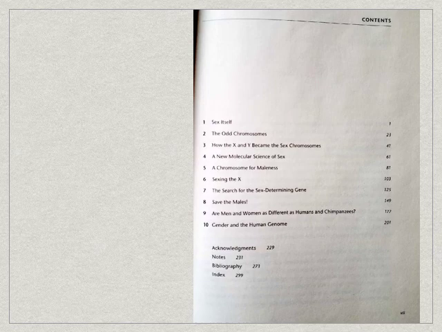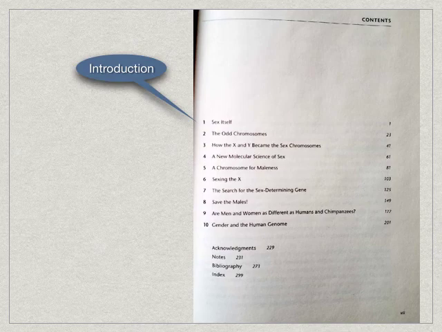The first thing you want to do is look at the table of contents and look at it pretty carefully, because it will reveal a lot about the structure of the book. The first chapter is usually an introduction, and the fact that this Chapter 1 is titled with the same title as the book is a good indication that this book is going to be like that.